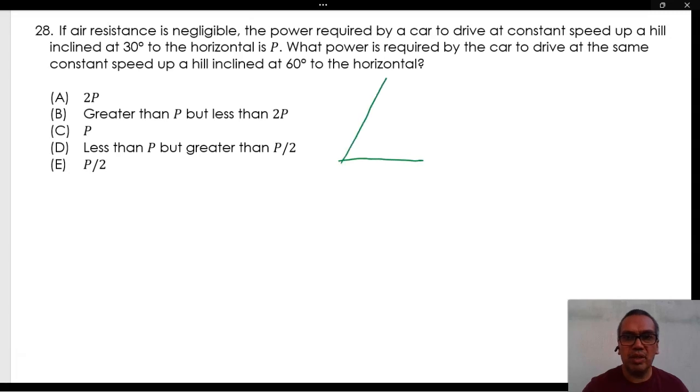There are many ways to attack this problem, but today I want to look at it from the perspective of power as the derivative of energy expenditure in relation to time. You will remember that this energy is made up of kinetic and potential energies.